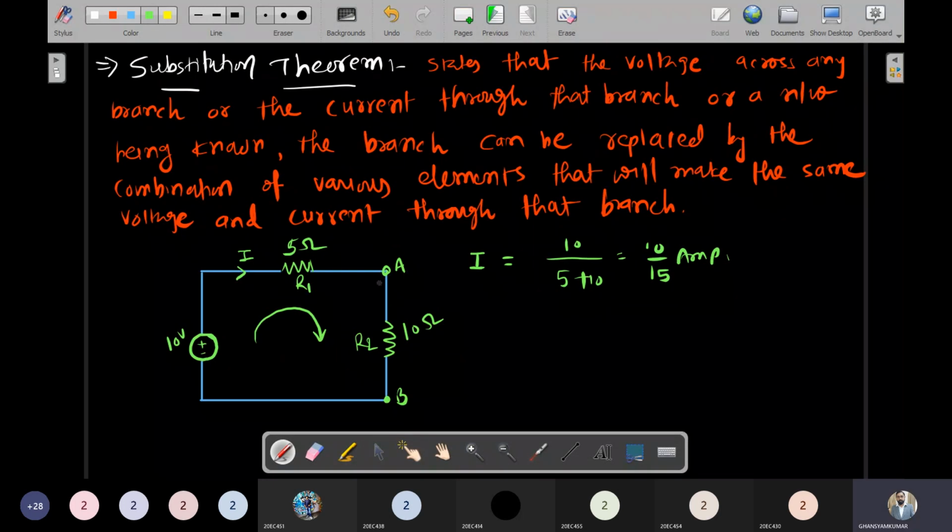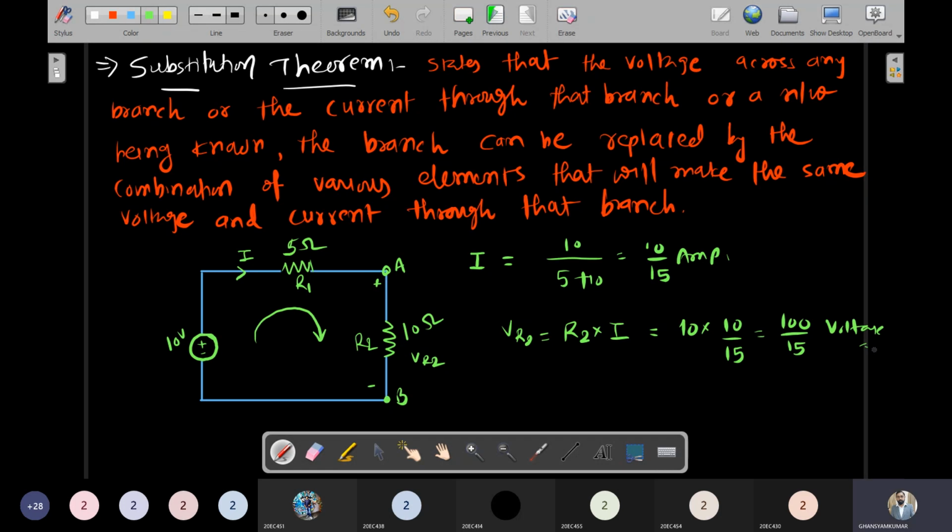If this terminal is plus and this is minus, the value of VR2 equals the resistance R2 into I. R2 is 10, multiplied by 10 divided by 15, so 100 divided by 15. That is the voltage drop across R2.